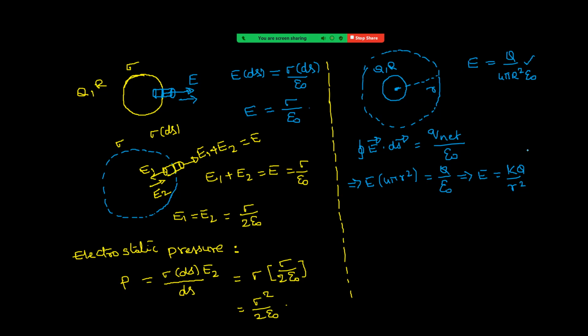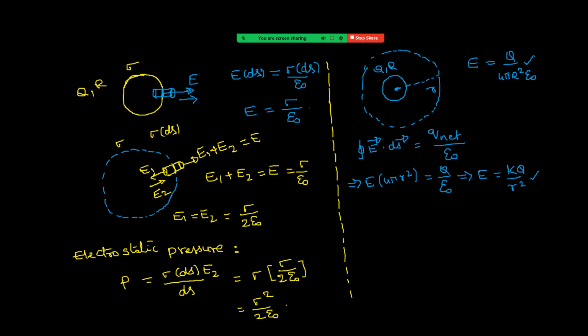Is the point clear? So when you are calculating very close to the surface, we can take a cylinder. But if it is not close to the surface, then the Gaussian surface must be spherical.